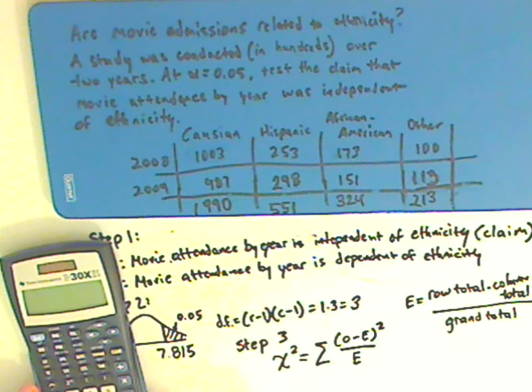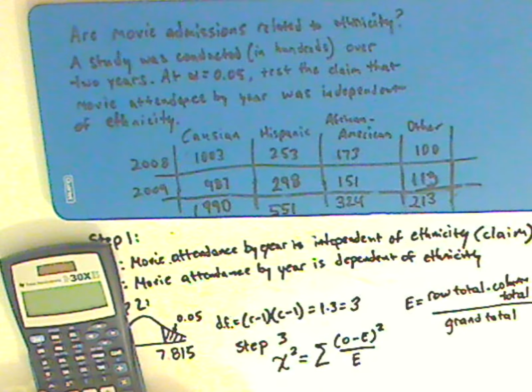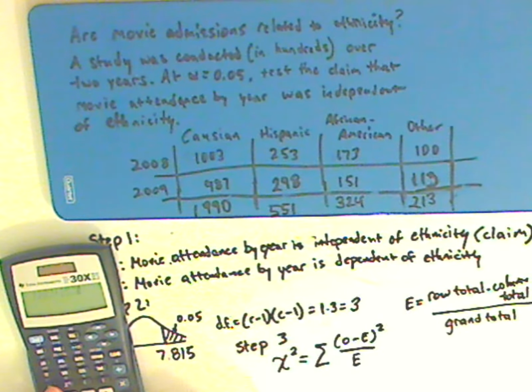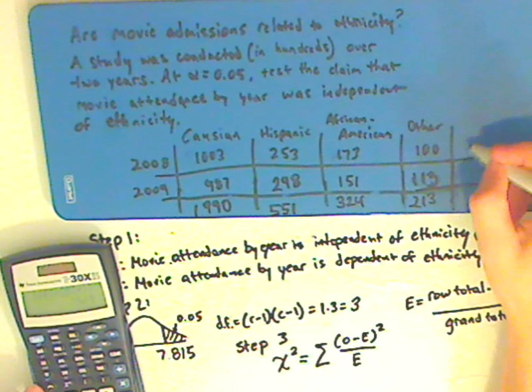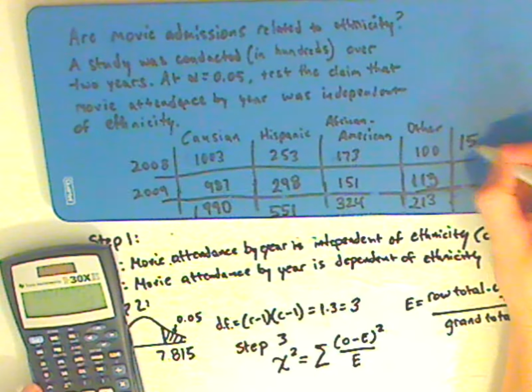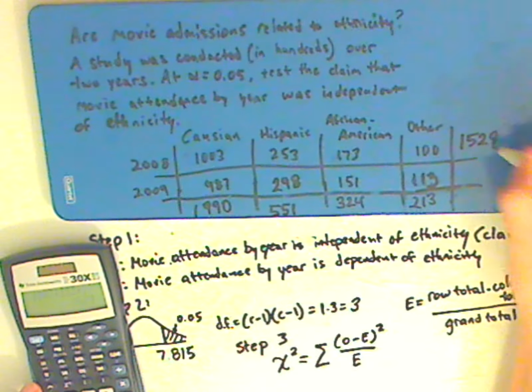And now my rows: 1003 plus 253 plus 173 plus 100 equals 1529.